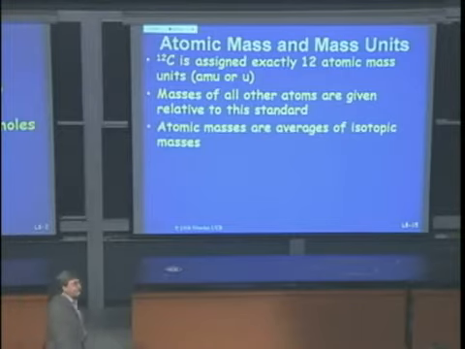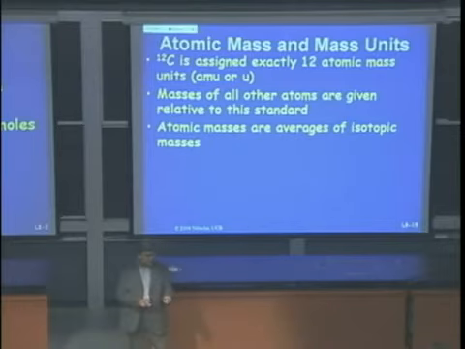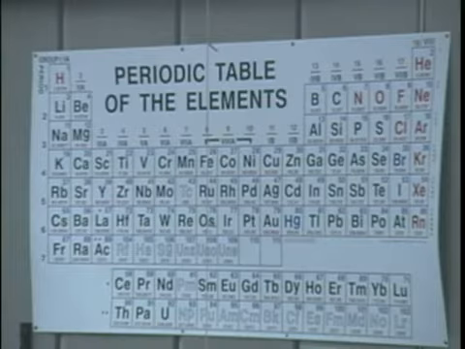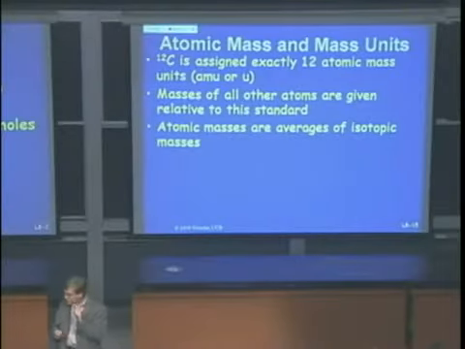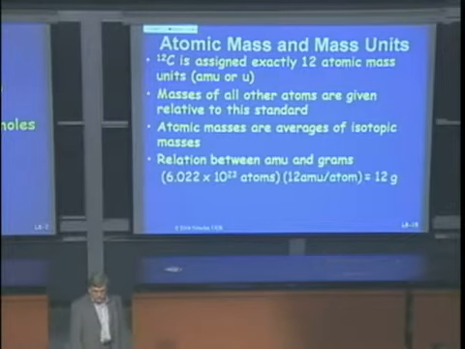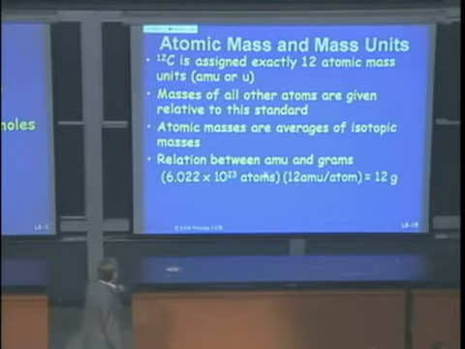The atomic masses are averages of the isotopic masses, and we talk about isotopes in a minute, because you can have different numbers of neutrons in the same element. Not in the same atom, in the same element. And then you call it an isotope. But since protons and neutrons have about the same mass, it's heavier. And the relationship between AMU and grams, we already said this, is 6.022 times 10 to 23 atoms times 12 AMU per atom is 12 grams.